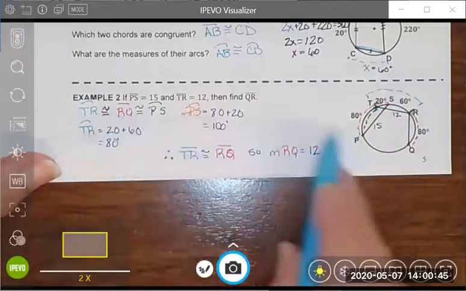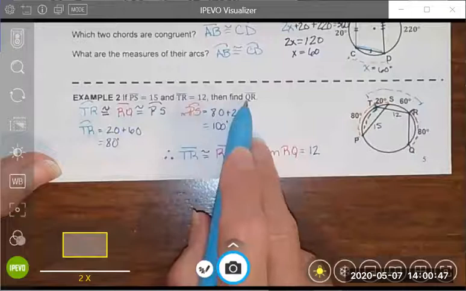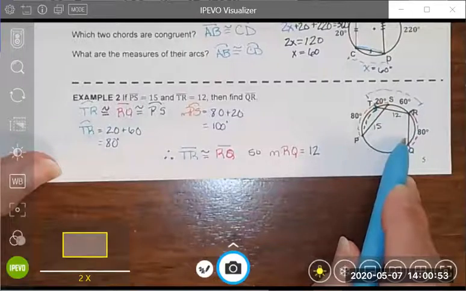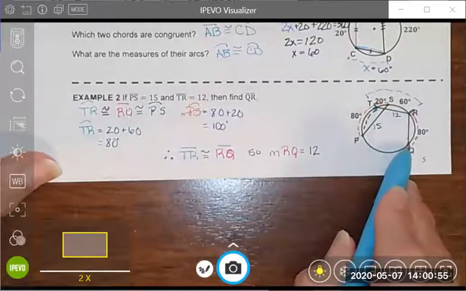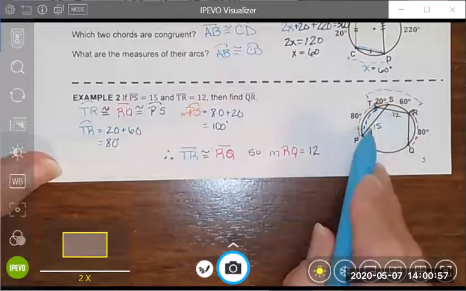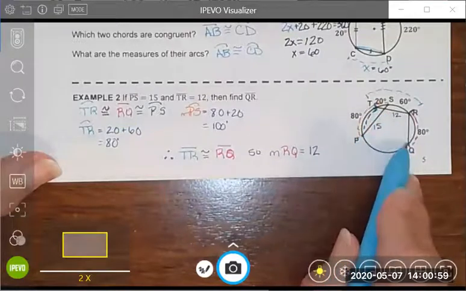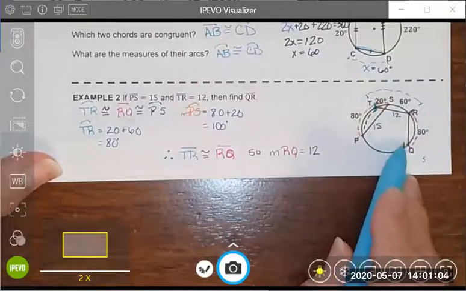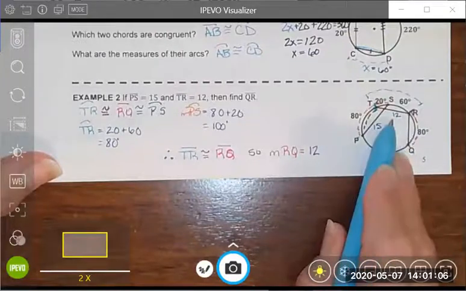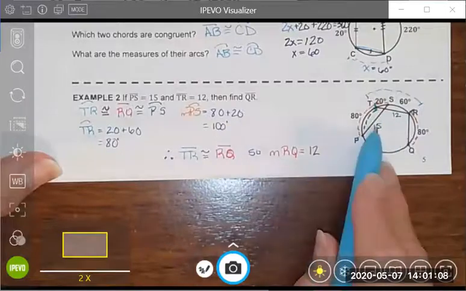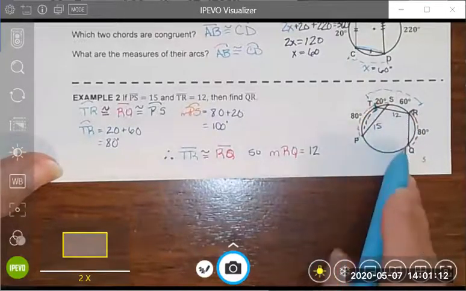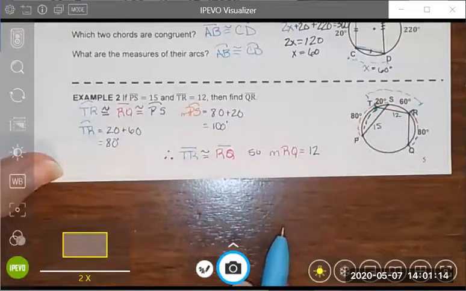What it's asking me to find is the measure of segment QR, and I would be able to find that if I could figure out whether segment QR was congruent to either of these other two segments. Because if my segments are congruent, then the corresponding arcs are congruent. Well, to figure out, does QR measure 12 units or does it measure 15 units? I have to compare their arcs because my segments will have congruent arcs.